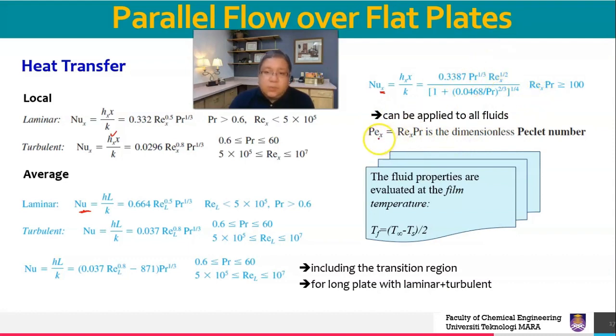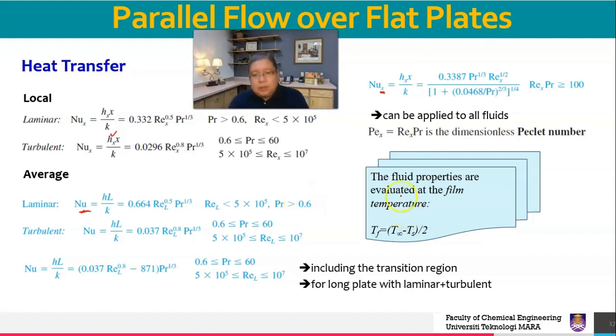PEX is basically REX times PR. We call it PEX, which is called the Peclet number. This one can be applied to all fluids, but of course it is a local equation, or local formula, for the Nusselt number.